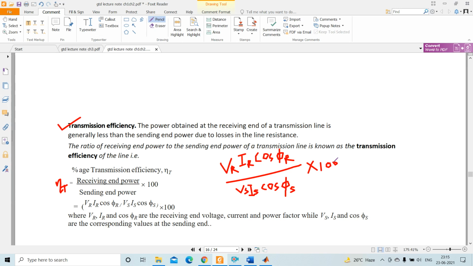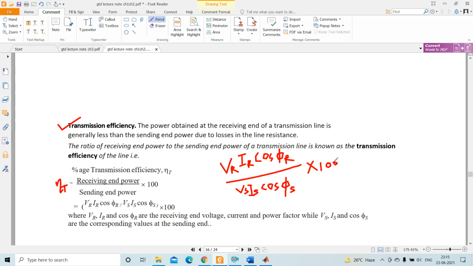From today's session you are able to know about the layout of transmission and distribution scheme. You know about the feeder, distributor, service mains, generating station, transmission line, primary transmission, secondary transmission, distribution line, primary distribution, secondary distribution.